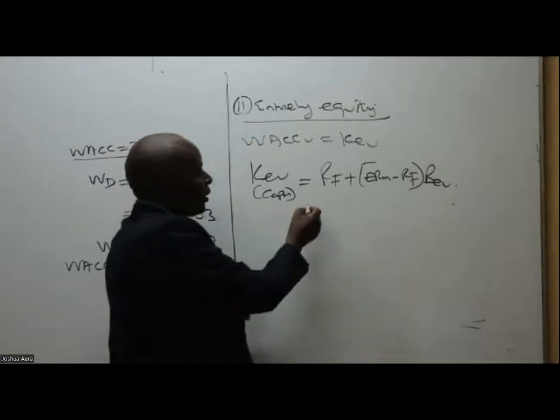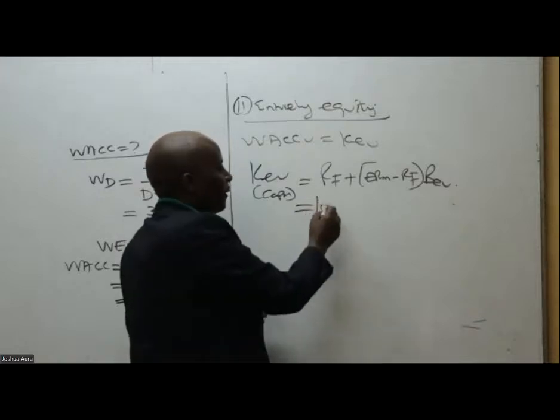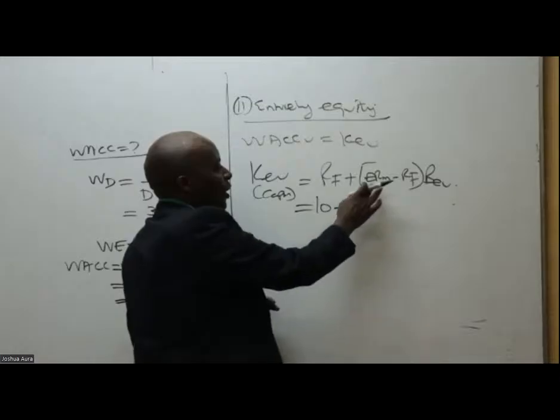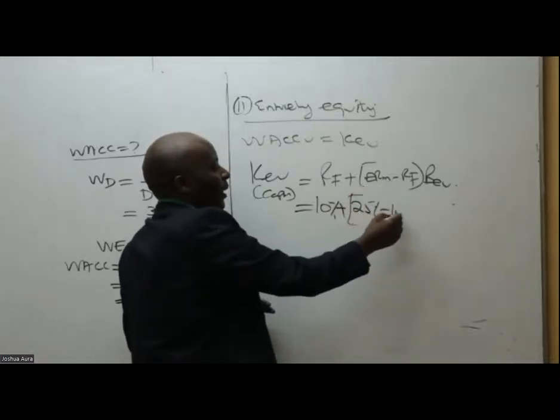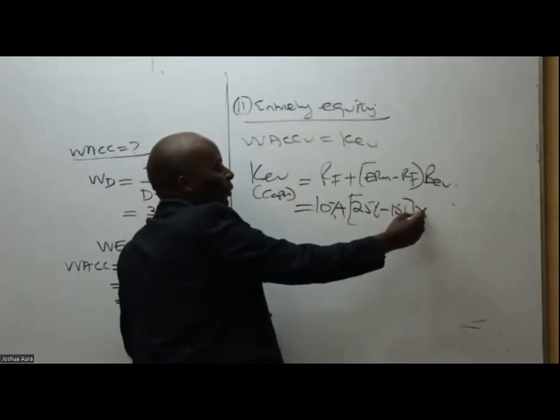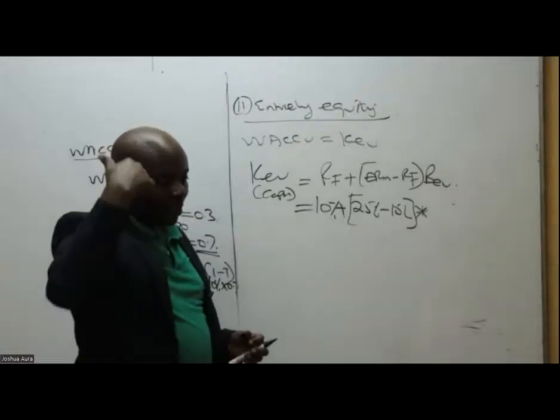Do we have the risk-free rate of return? 10 plus. Do we have market returns? You gave me 25, minus 10, multiplied by beta, which I've forgotten.